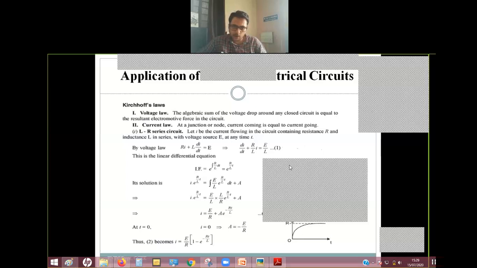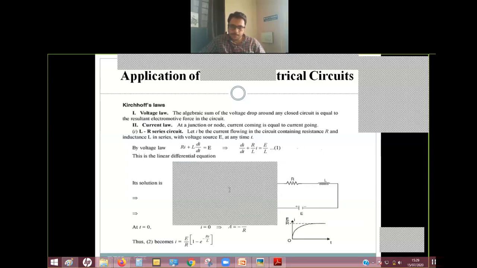Now please tell me the value of P in chat box. What is the value of P here in this case? Yes, correct. Very good.